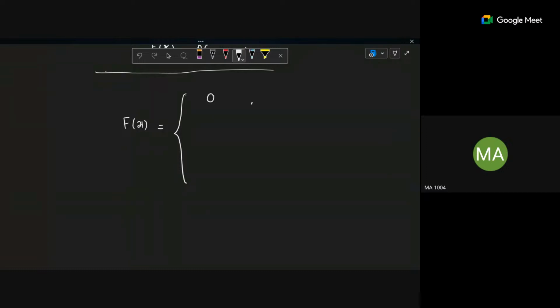Let's say f of x is taking the value 0 whenever your x is less than 4, and it's taking k by 8 whenever your x is lying between 4 to 6.